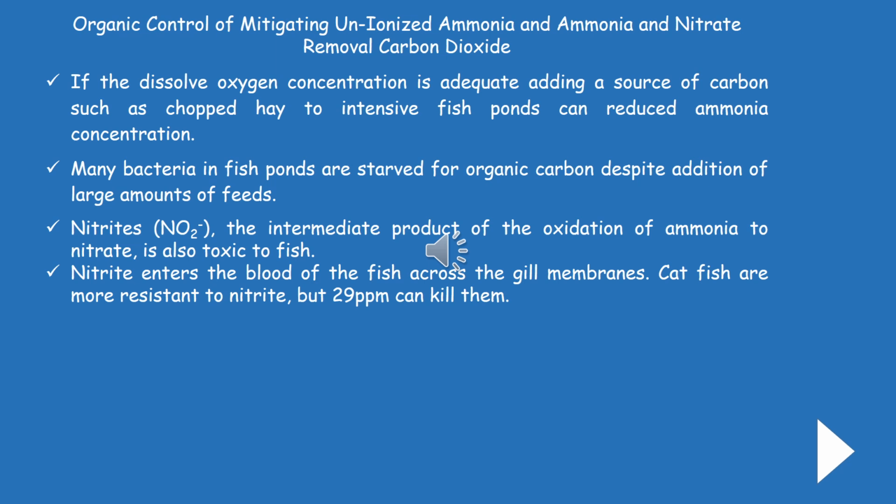Photosynthesis increases pH. During photosynthesis, carbon dioxide is removed from the water to make oxygen, which eventually dissolves in water and becomes dissolved oxygen, and alkalinity will increase.